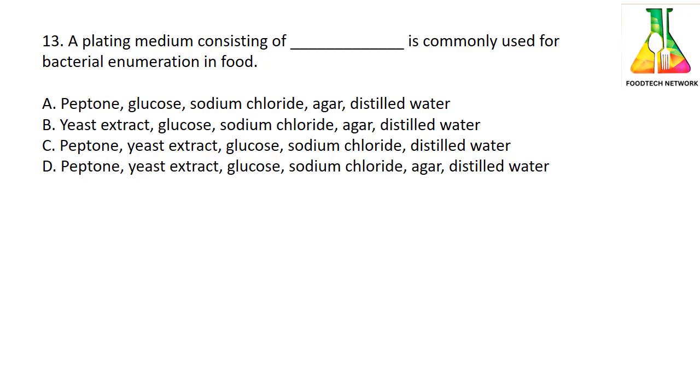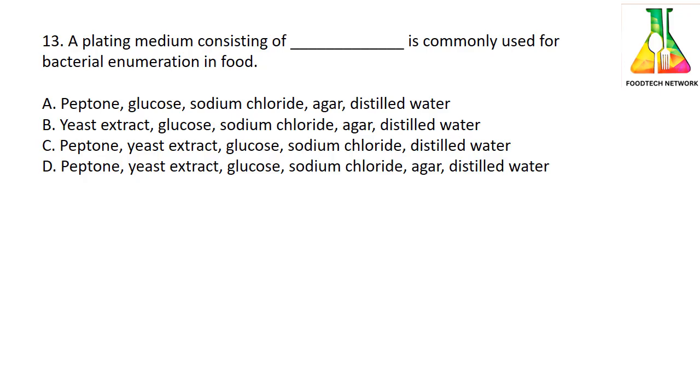A plating medium consisting of dash is commonly used for bacterial enumeration in food. Option A peptone, glucose, sodium chloride, agar, and distilled water. Option B yeast extract, glucose, sodium chloride, agar, distilled water. Option C peptone, yeast extract, glucose, sodium chloride, and distilled water.